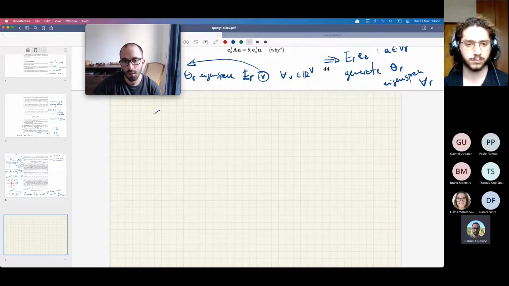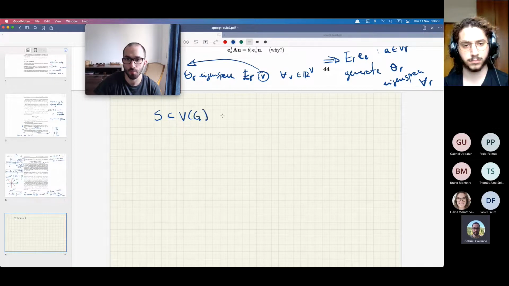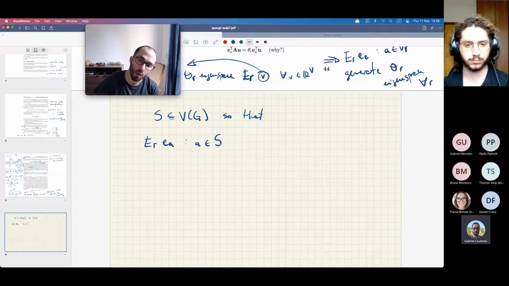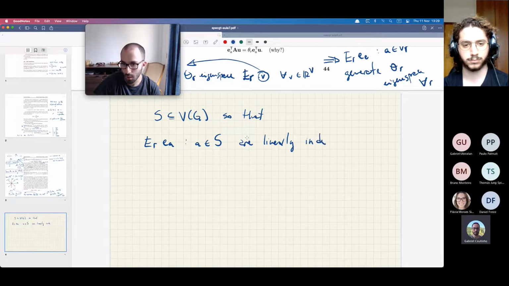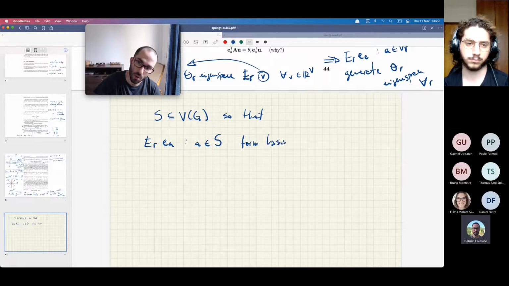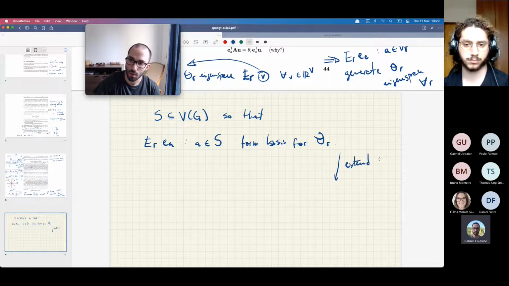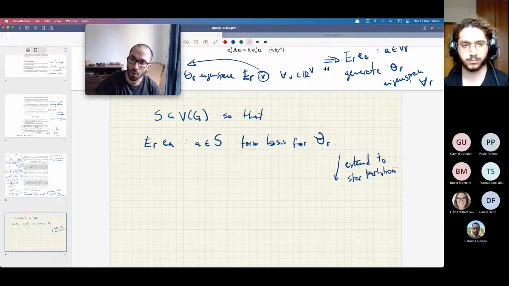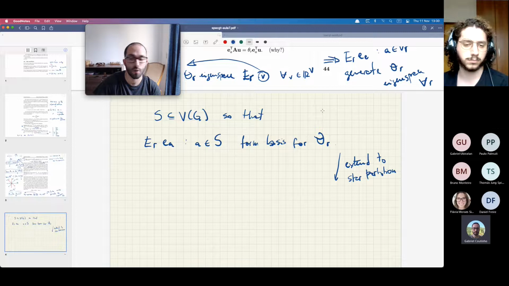So imagine that I have a set S, a subset of the vertex set, so that E sub R applied at E sub A for all A belonging to S are linearly independent, or actually form a basis for theta R. I want to argue that I can extend this set to a star partition, meaning there is a star partition that will contain this as the V sub R cell of the partition.